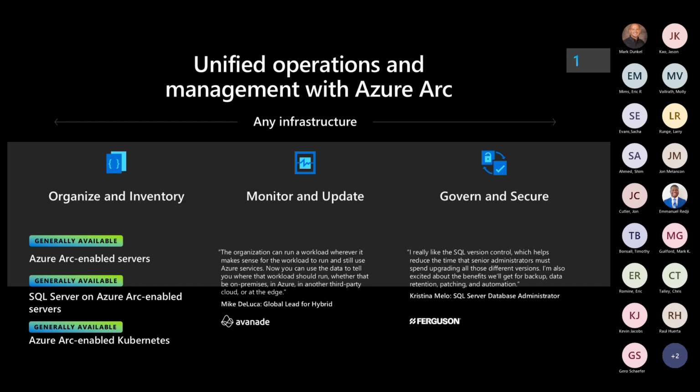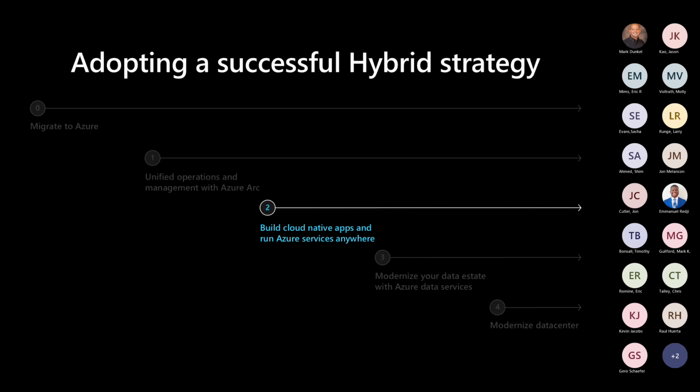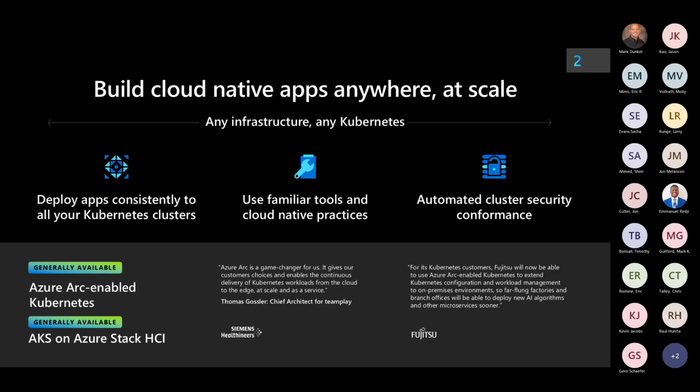So along with this investment, Azure Arc is the container, but you need more than just the container. You need additional services. So after you get organized, you can start building those cloud native and run Azure services in there. That's going to help your developers running Kubernetes.